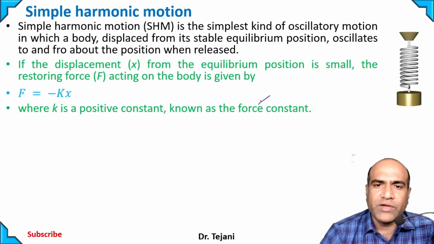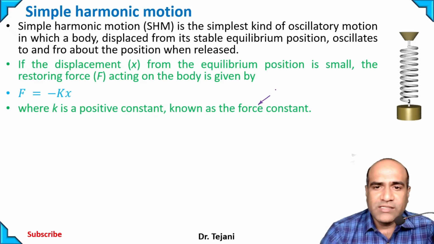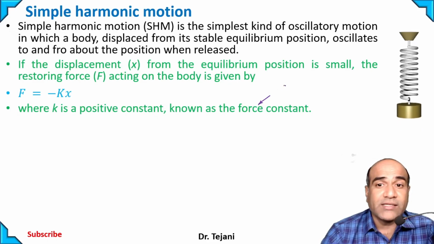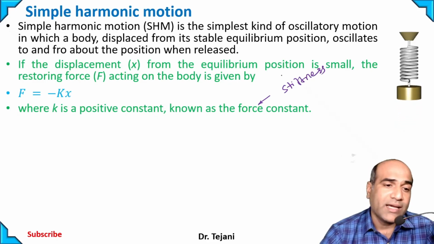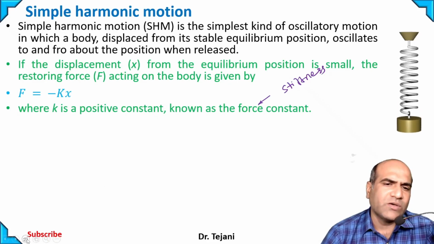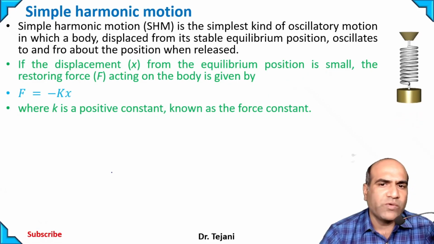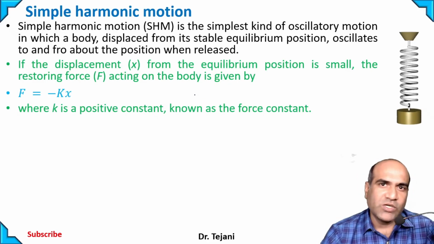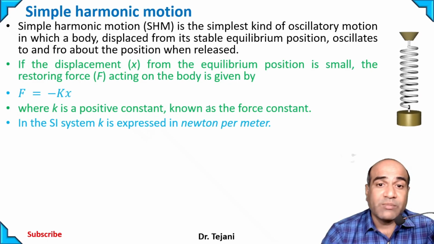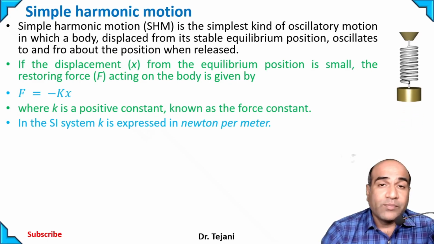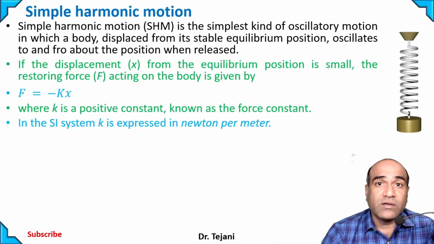So K is a positive constant known as the force constant. In engineering language, this is known as stiffness. But in 11th and 12th, we know it as the spring constant, so we'll continue with spring constant only. But remember that it is also known as stiffness in NEET and JEE examinations. In place of spring constant, the word stiffness of spring can be used.